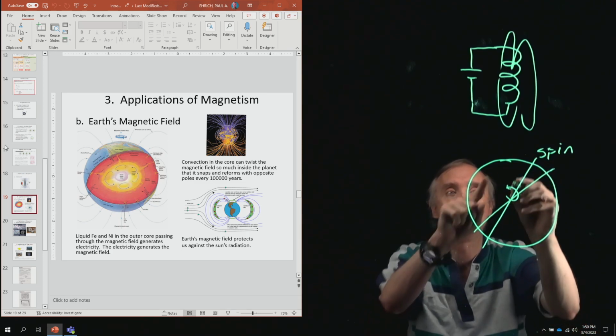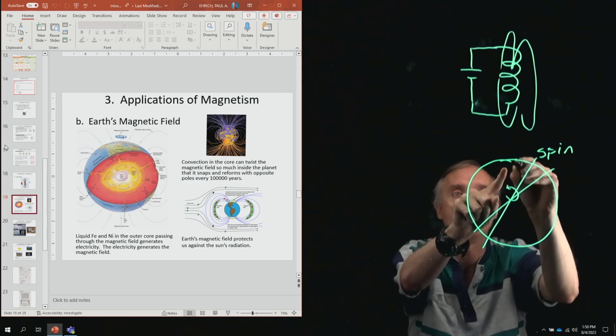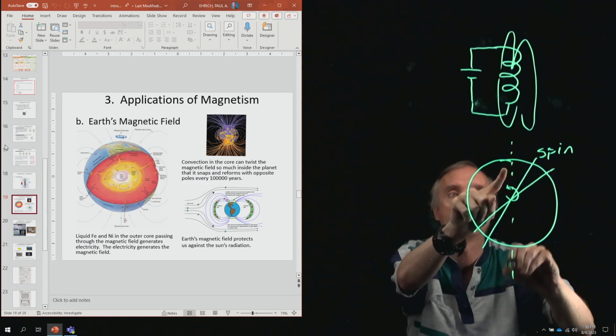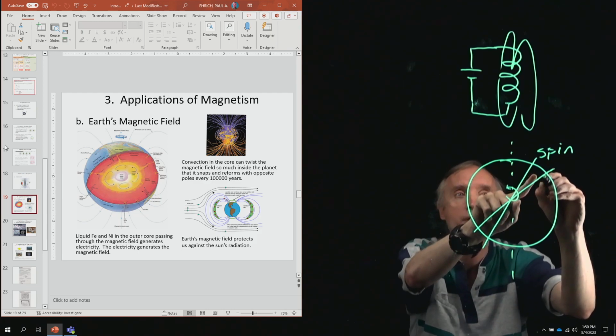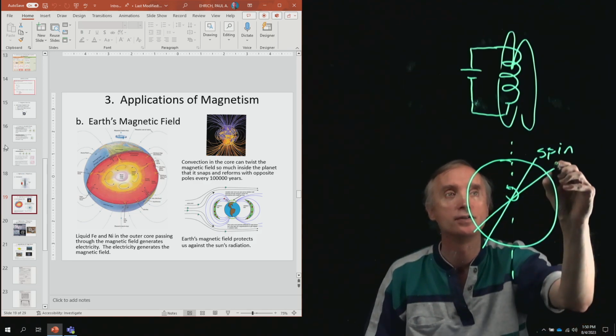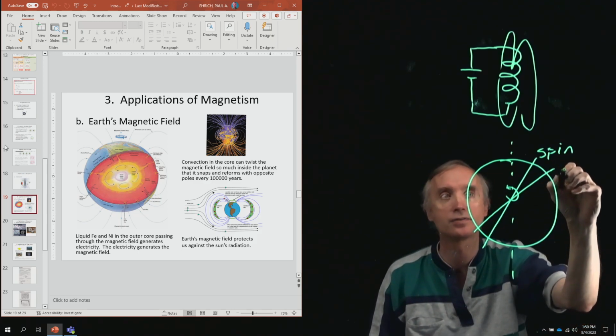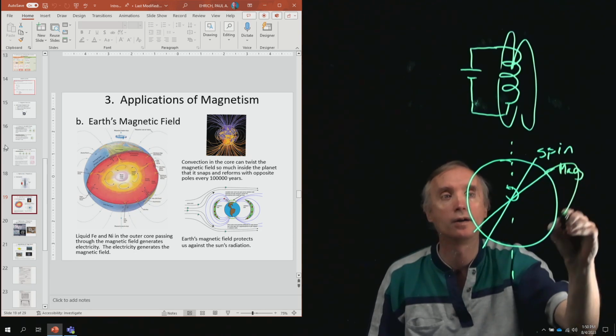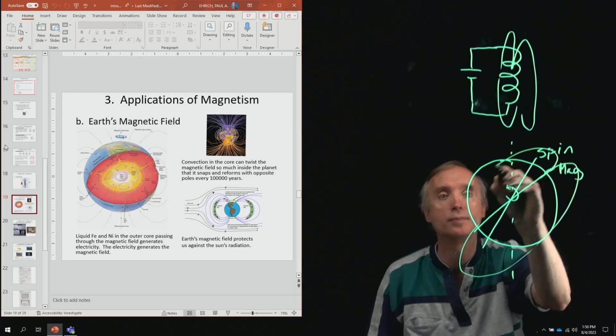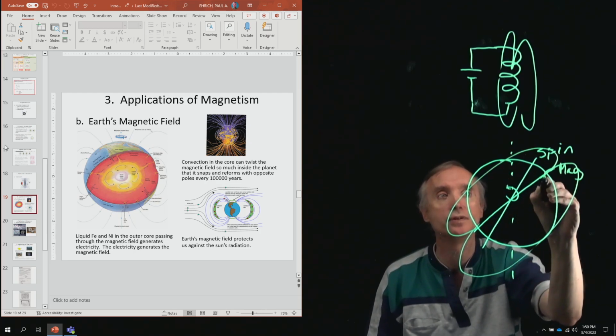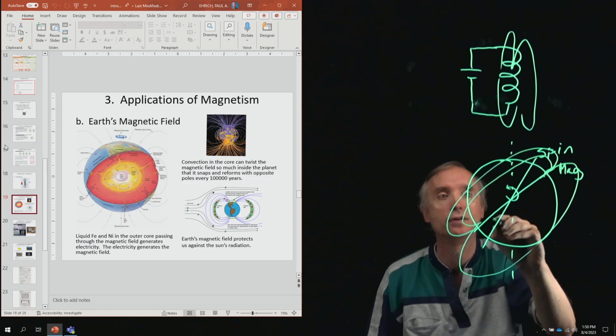The spin axis makes a 23-degree angle with this line right here, and then about another 5-degree angle is the magnetic axis. This is where the magnetic field is coming out, and then the magnetic field is going back into the Earth.